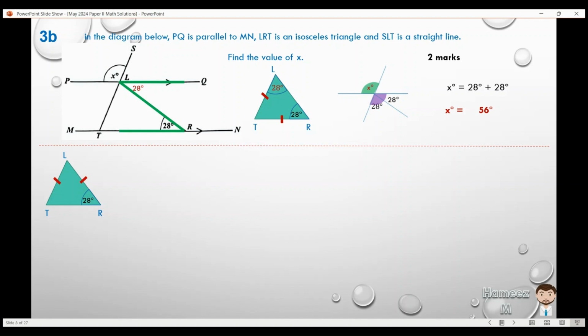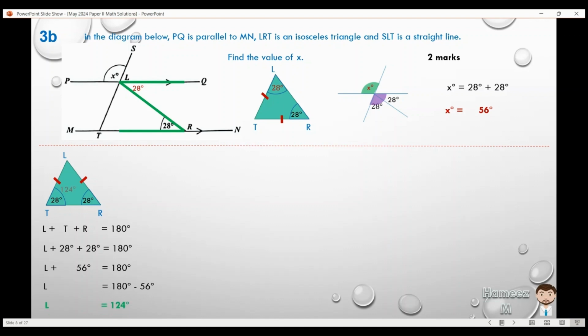If that's the case, the angle which is 28 degrees at the base on the right-hand side at R will be the same at T. Therefore, L would be different, because if we add up the three angles in the triangle, it will add up to 180 degrees. So L plus 28 plus 28 is equal to 180. 28 plus 28 is 56. So L is equal to 180 minus 56, which works out to be 124 degrees.